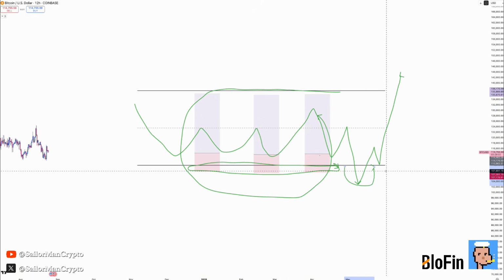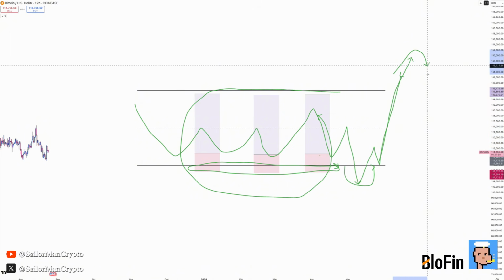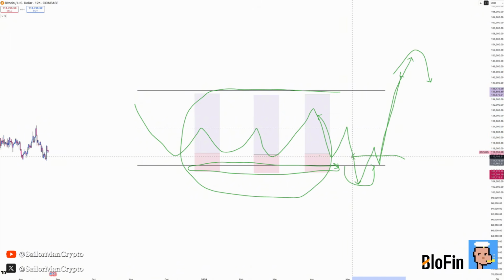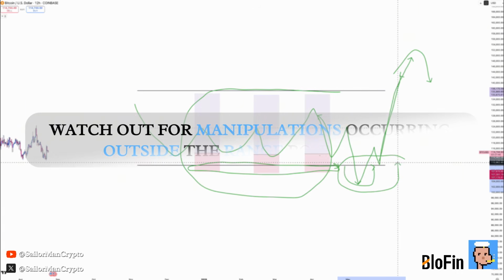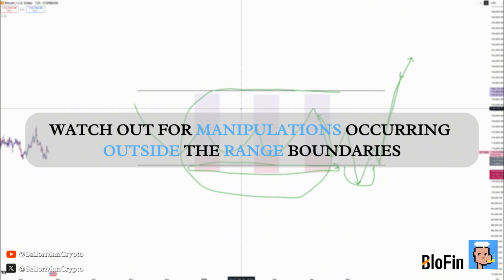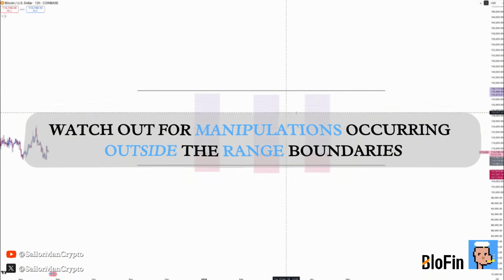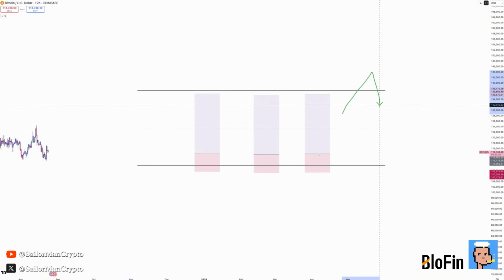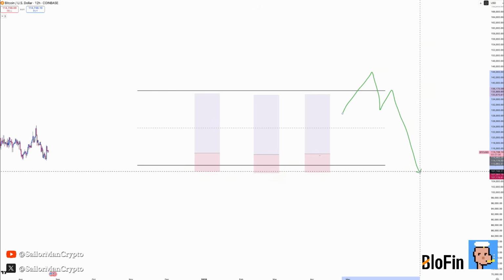So whenever this happens, I can allow myself to see that there was a manipulation, a spring, price is back inside the range. Now I can expect that potentially we have the fuel to move up. So whenever this is happening, I can start to speculate that this was potentially an accumulation range, or whenever the opposite would happen, I could start to speculate that this was a distribution.